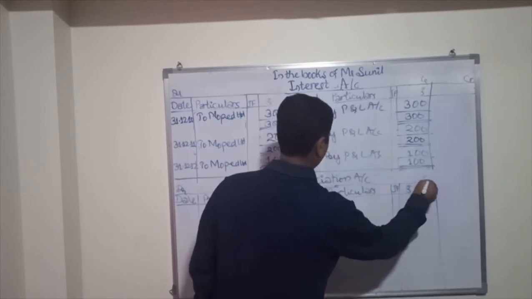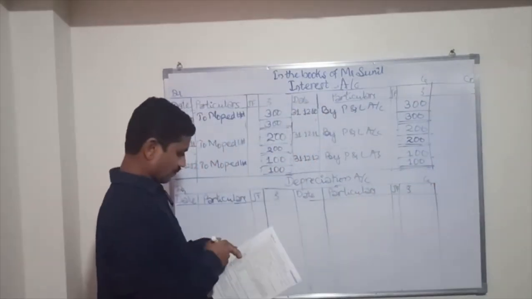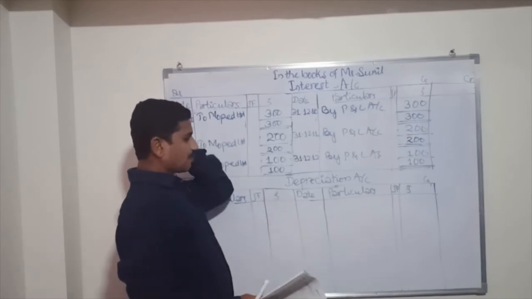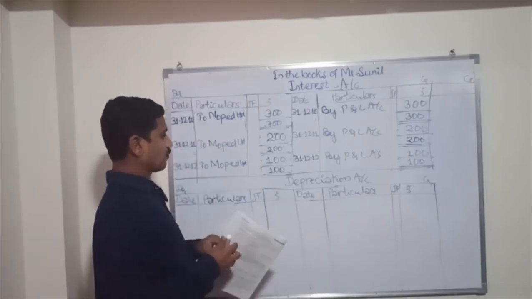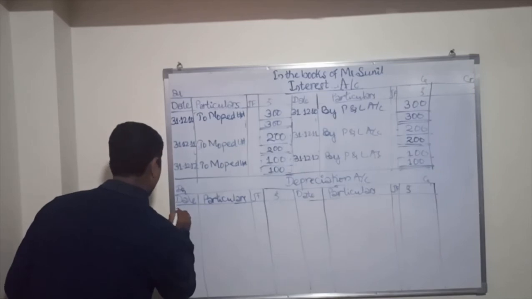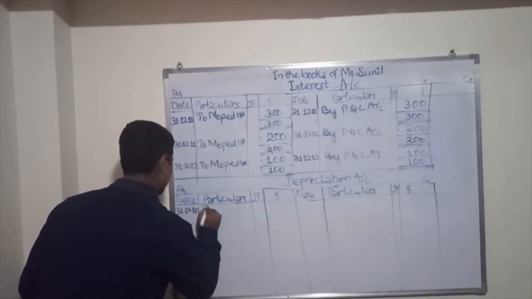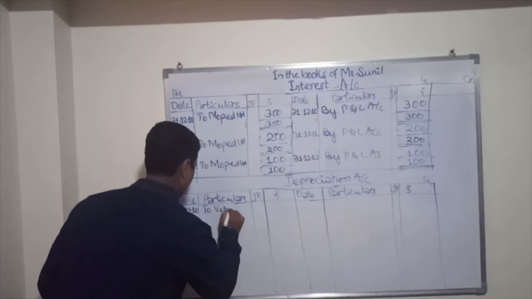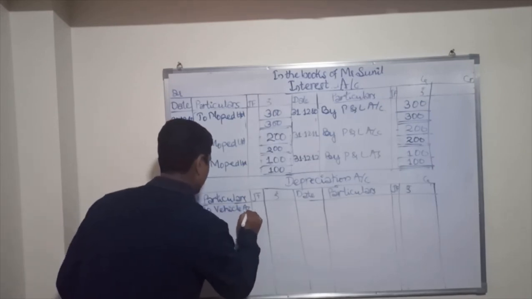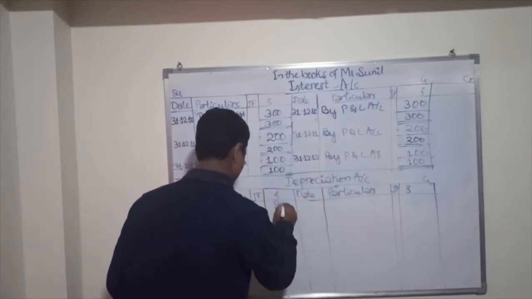Now, when the depreciation is allowed for the first year, on 31st 12 2010, the entry will be depreciation account debit to vehicle account. So to vehicle account, first year depreciation here is 800.